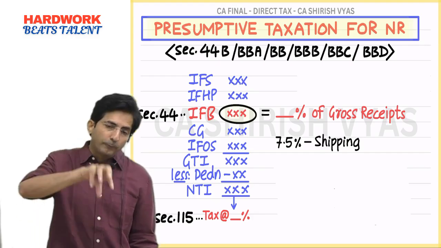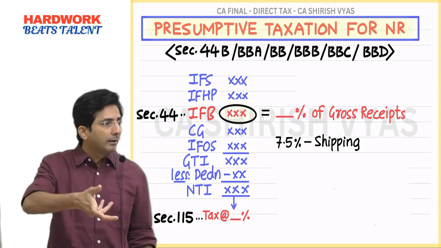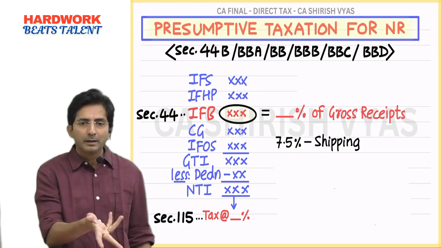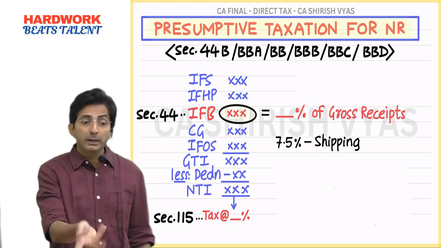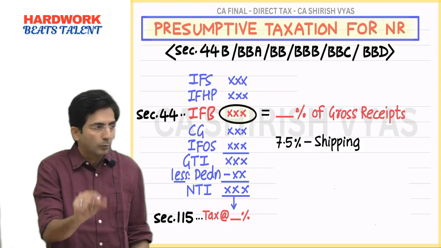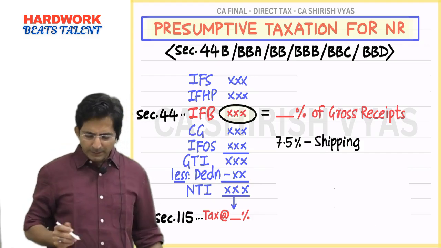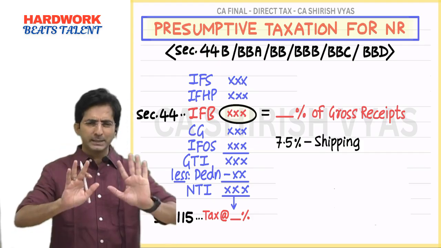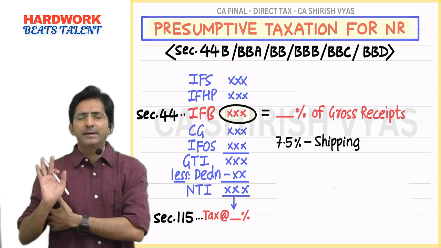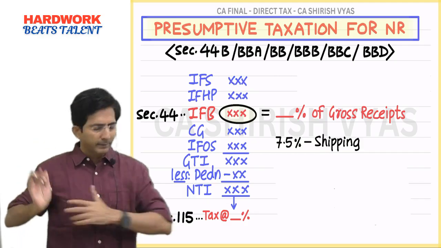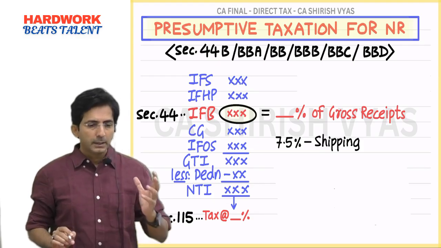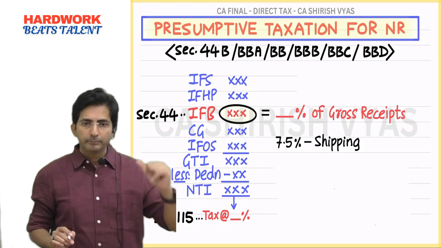And finding profits of Indian operation will be difficult. That's why shortcut. See, presumptive is giving you a shortcut only, na? And shortcut is needed because it is very difficult to identify profits from Indian operations. Okay. In short, by heart 7.5%.